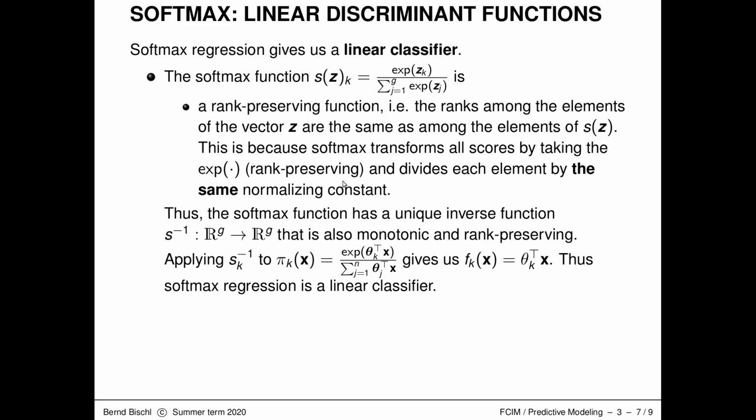And for that reason, we know easily and directly that all decision boundaries between two pairs of classes are geometrically represented by hyperplanes, and formally softmax regression is contained in the class of linear classifiers.